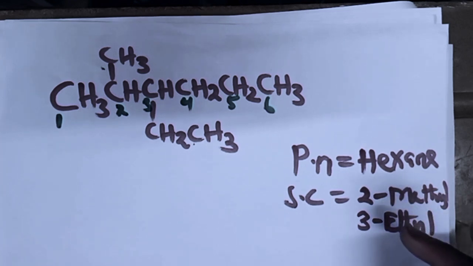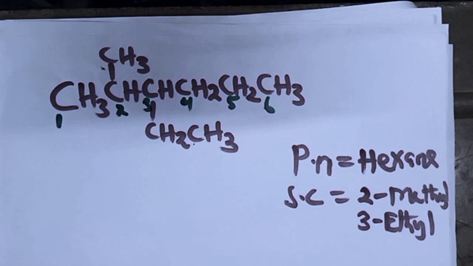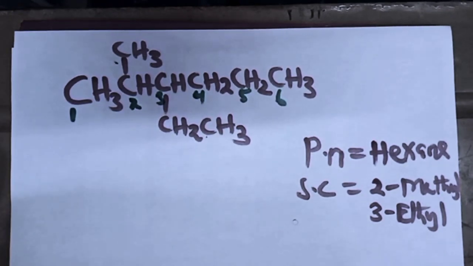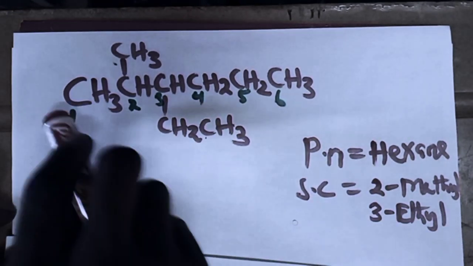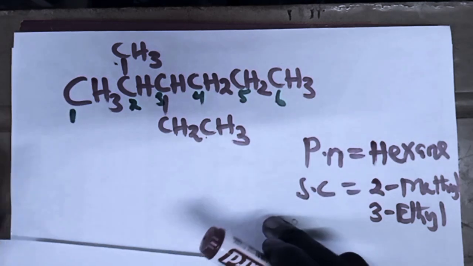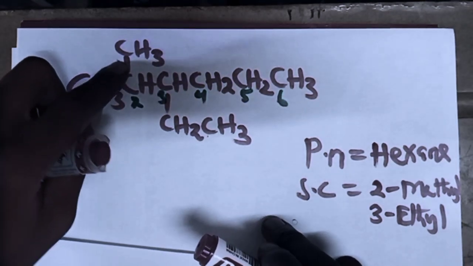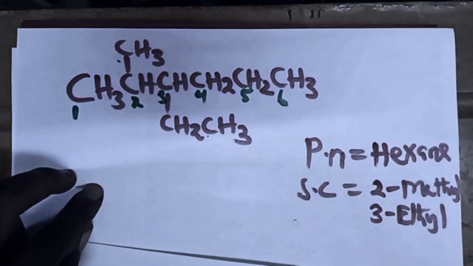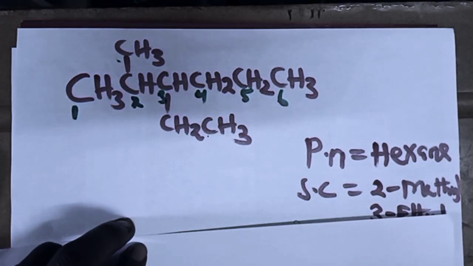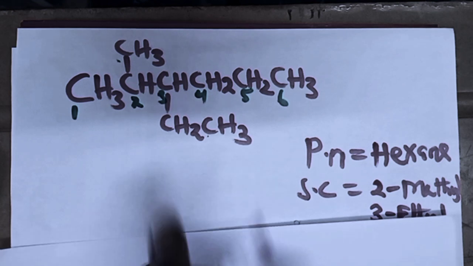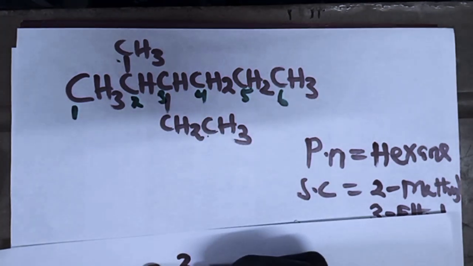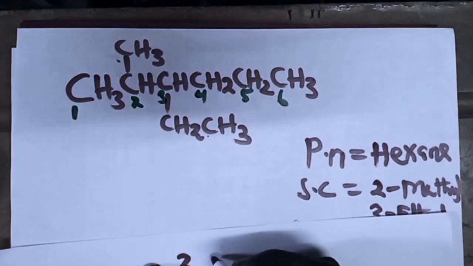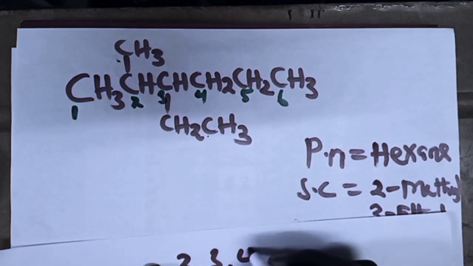What's the meaning of this? For a similar side chain. What does it mean? So what it means is, if in a long chain we have a methyl here, and we also have methyl here, and another methyl, how are we going to locate them? If you had it on locant 2, you put 2. If you had it on locant 3, you put 3. If you had it on locant 4, you put 4.